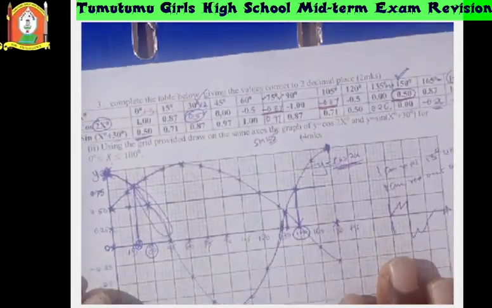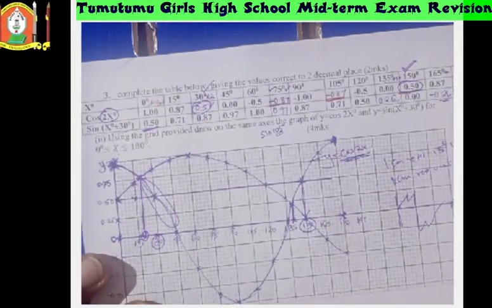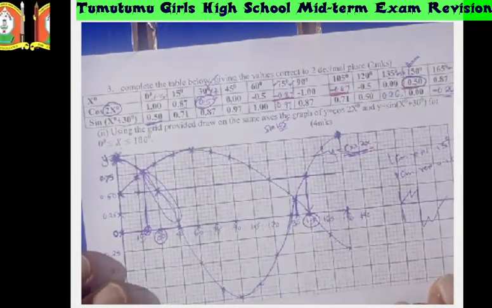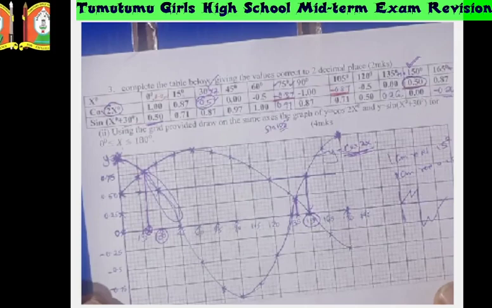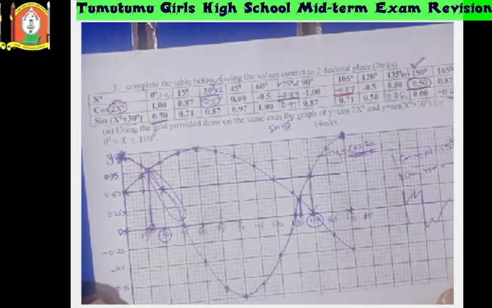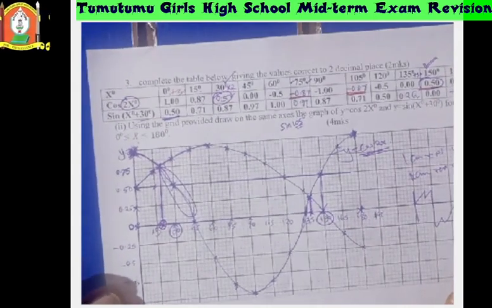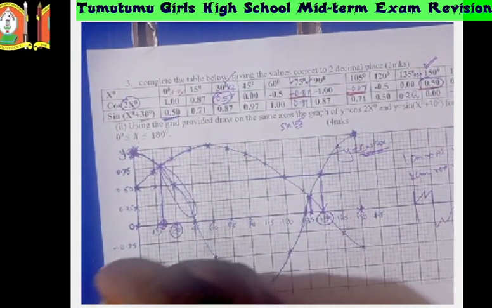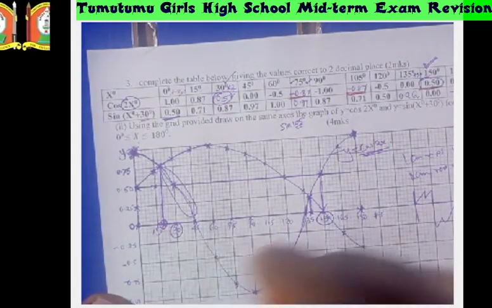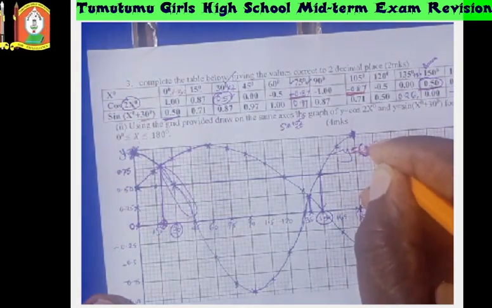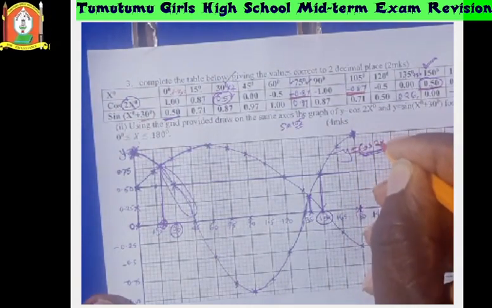Then, with the table that we have, we draw a graph. By plotting, let's start with the graph y equals cos 2x.